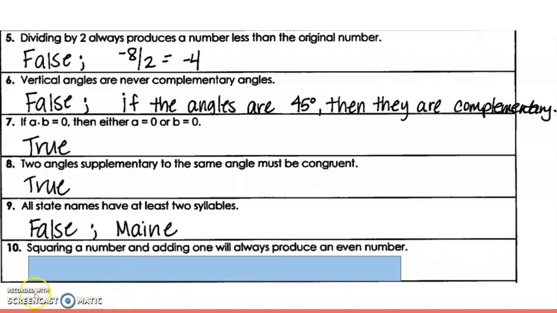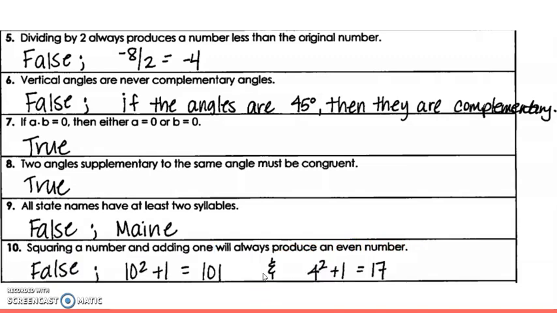But if we look at 2 squared, well, 2 squared is 4. 4 adding 1 is 5. That's not an even number. You could also look at 10 squared. 10 squared is 100. 100 plus 1 is 101. So those different examples prove that this statement is false, and these are my counterexamples.